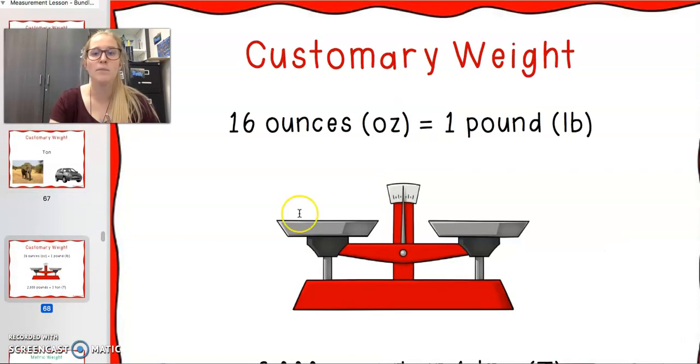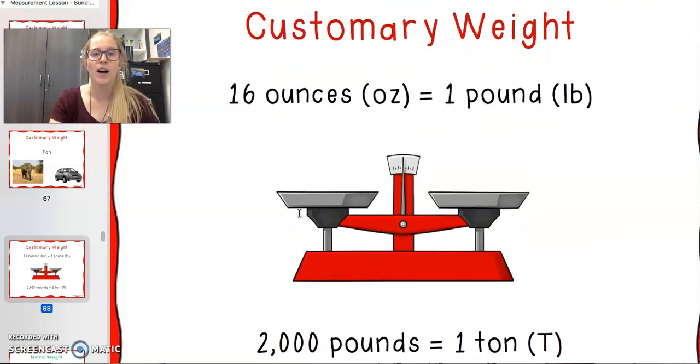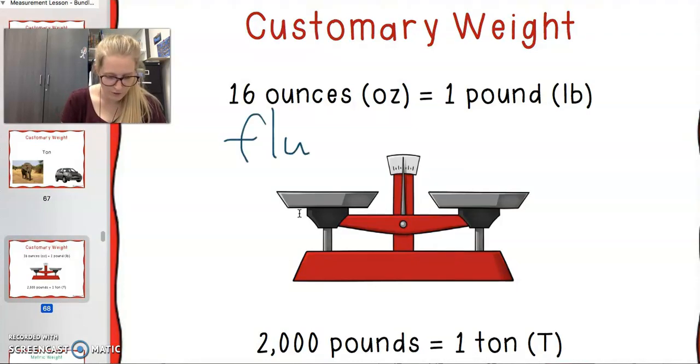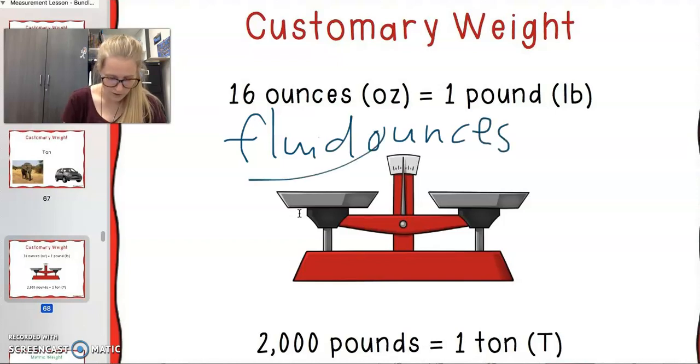Okay, when we have weight, we need to know how we can convert back and forth between different units. So it's important that we know that 16 ounces equals 1 pound. Now I want you to keep in mind that we've talked about something called fluid ounces. When it's fluid ounces, this word right here gives us a hint that it's not weight.